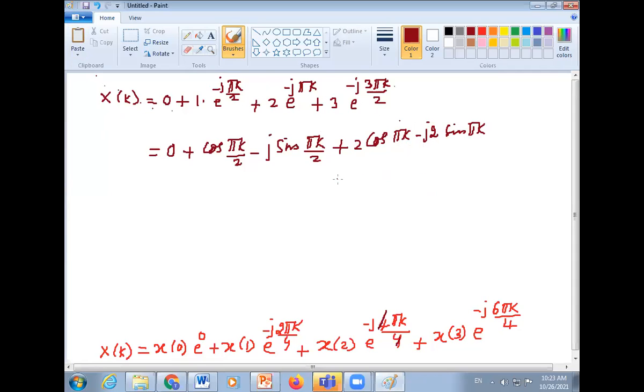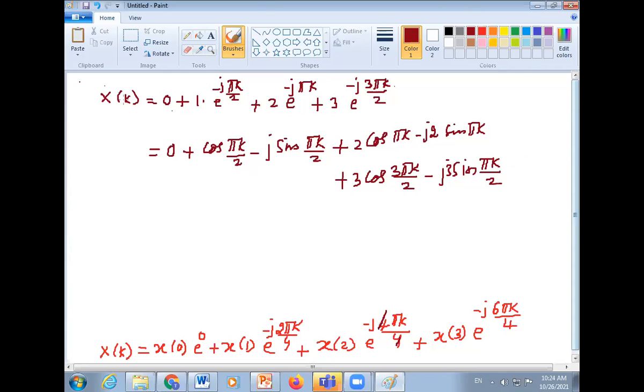Then plus, further we can write it as 3 into cos 3 pi k by 2 minus j 3 sin 3 pi k by 2.